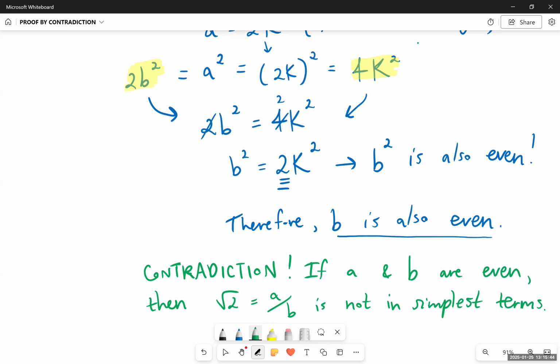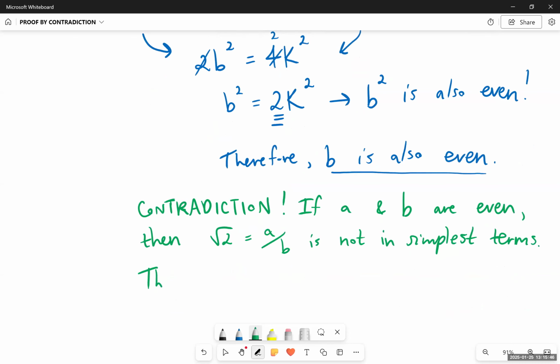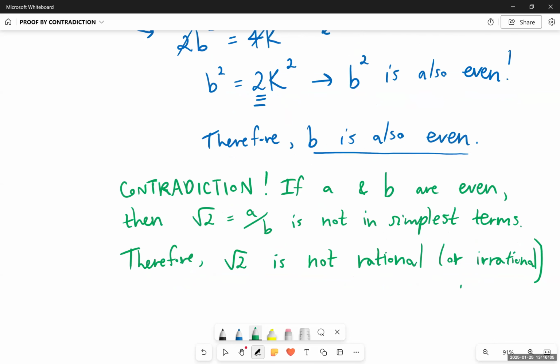We wanted that contradiction because now we can safely conclude root 2 was never rational to begin with. Or as the original statement had it written, it's irrational. So there you go. Finished that proof by contradiction that root 2 is an irrational number.